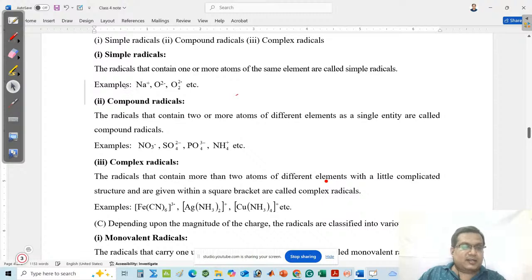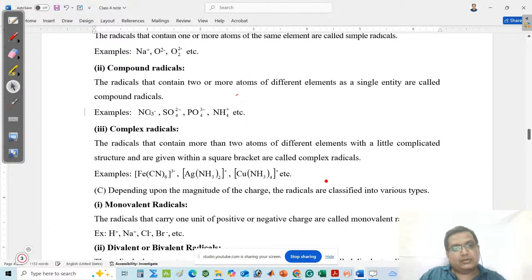Look at that. I will explain clearly. Here the simple radicals are given: Na plus, O2 2 minus. Next is the compound radical: NO3 minus, SO4 2 minus, PO4 3 minus, NH4 plus.